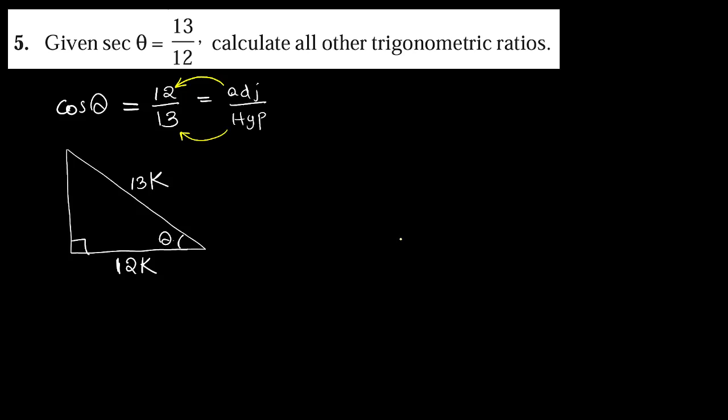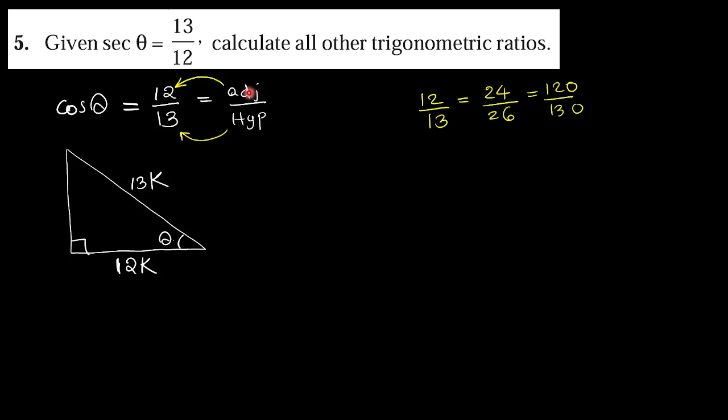Not necessary. You know that 12 by 13 can be written in different ways, like 24 by 26, 120 by 130. It is a ratio. If I multiply numerator and denominator, the ratio remains the same.